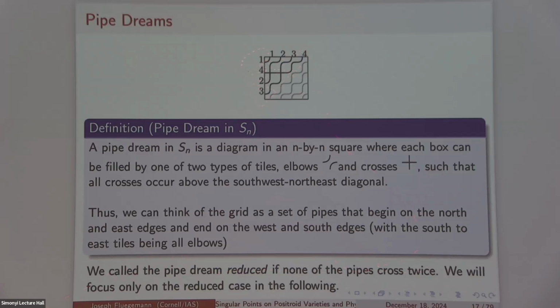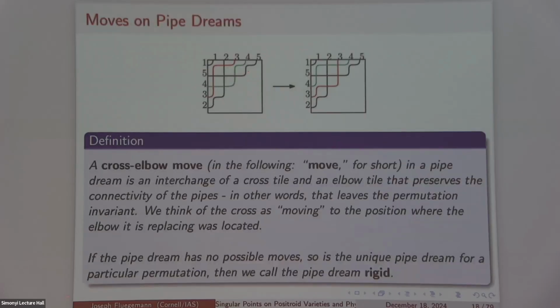And we call the pipe dream reduced if none of the pipes cross twice. So this pipe dream corresponds to a permutation 1, 4, 2, 3. These pipe dreams are not unique. In general, each permutation has multiple representatives, and the different representatives happen when you have this so-called cross elbow move.